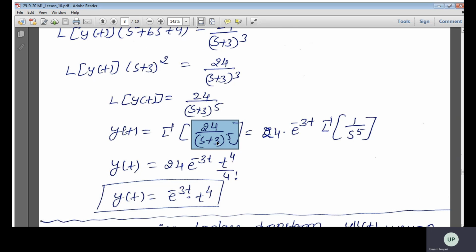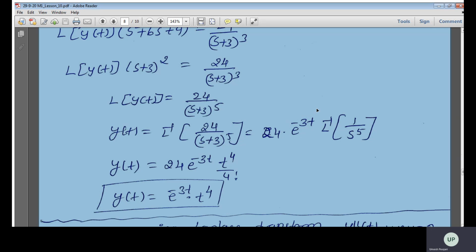To solve this, we can apply the shifting property reversely, because we have only one term with s, that is s plus 3 raised to 5. How will you convert s plus 3 to s? By multiplying by e raised to minus 3t. Correct? Completing the square and using the shifting property inversely. First part is the inverse Laplace transform, L inverse of 1 by s raised to 5, after reducing s plus 3 to s.